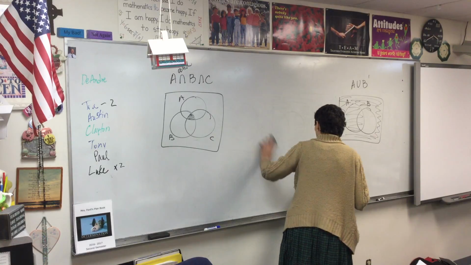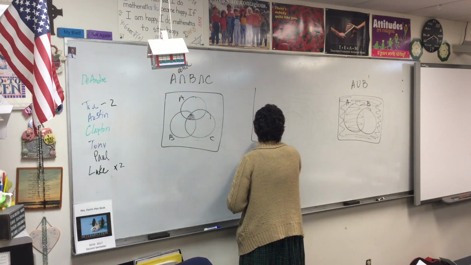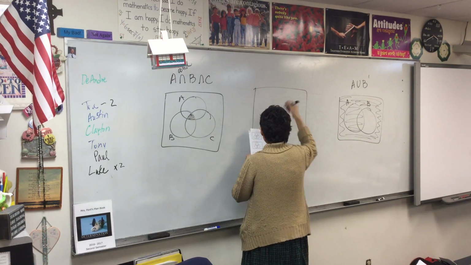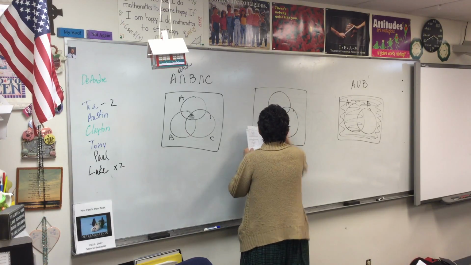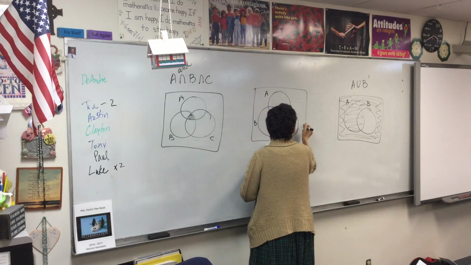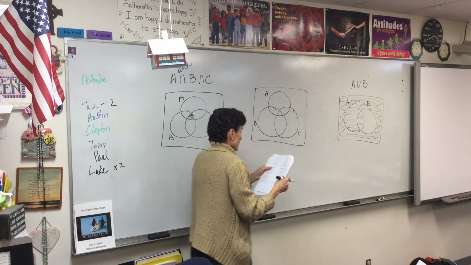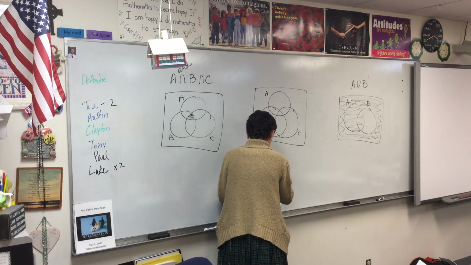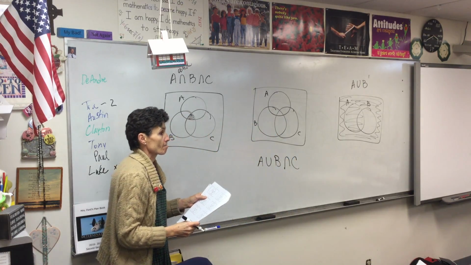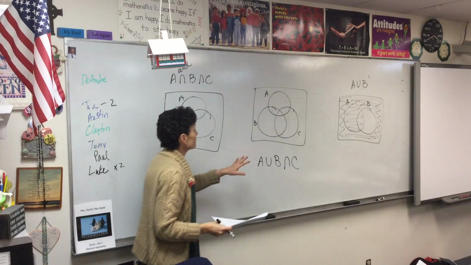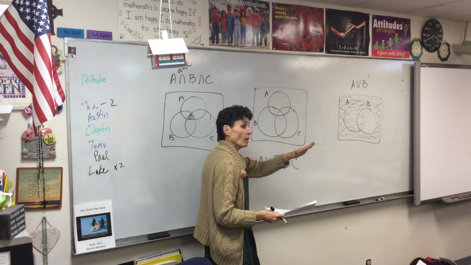Now, let's look at the next one. Underneath, I'm going down. So the next one says A union B intersects C. All right. Okay, so let's do it one step at a time.